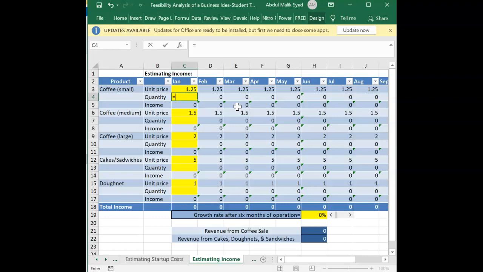So you can just say the quantity is each day 30, right? And let's say I'm open for 6 days a week. So 6 fours are 24. Okay. So 24 days are operational for 1 month, let's say. So I have quantity being sold is 720.